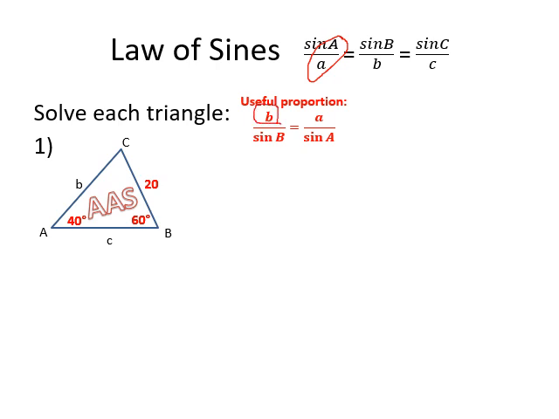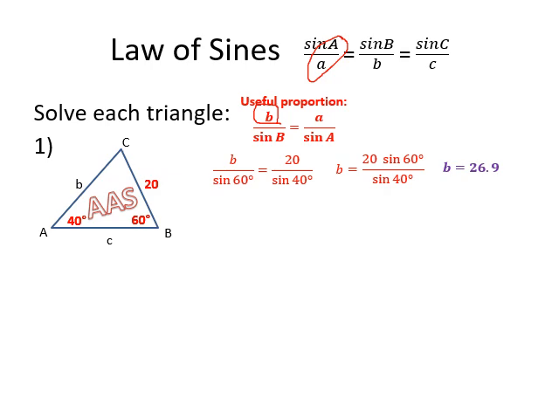I want the unknown that I'm going to solve for upstairs, and I just start with it on the left. All right, so plug in and solve for B. B over sine 60 equals 20 over sine 40 degrees. We just do a little bit of rearrangement, and we can find that B is equal to 26.9. All right, so we now know B.